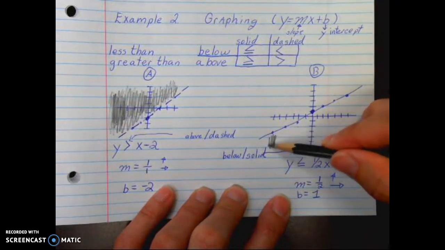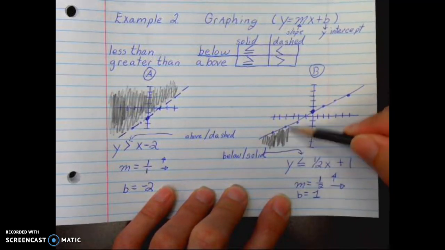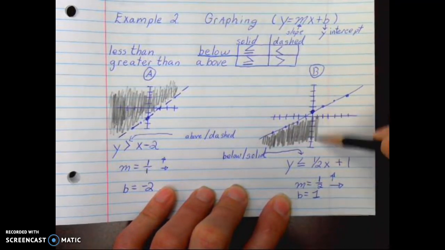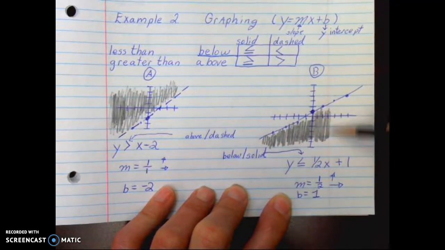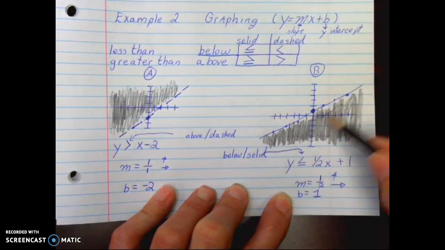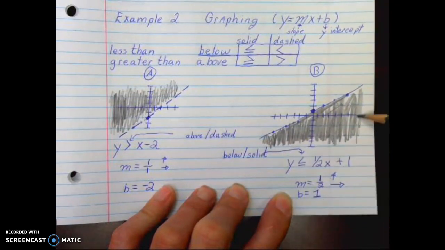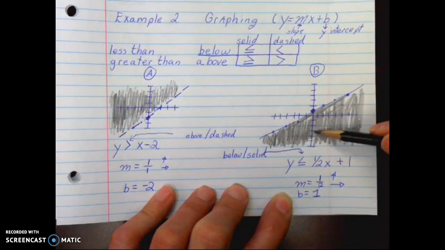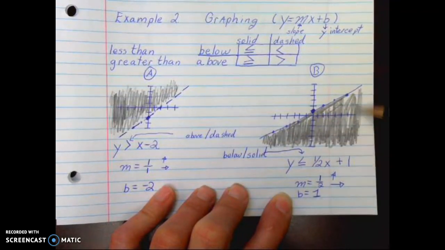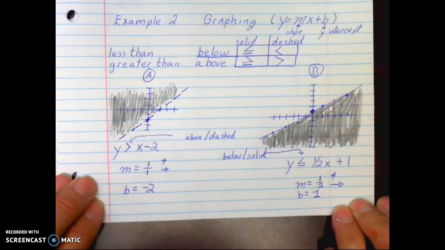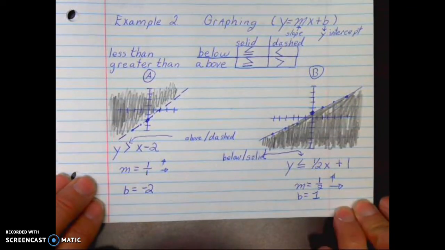So I'm going to take my pencil and shade under the line we just made, and you shade the entire area under it. Hit pause if you need to copy this down.